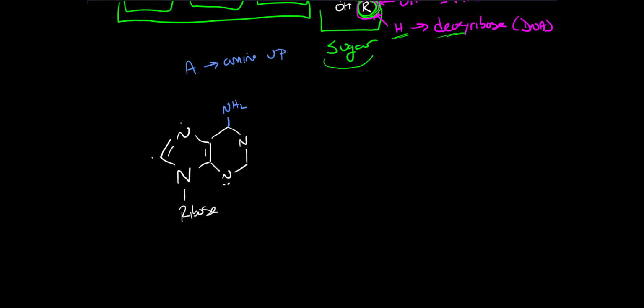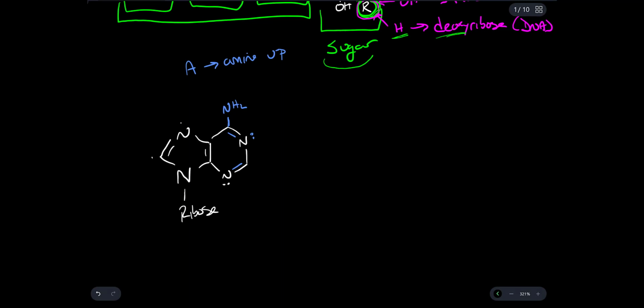That's really helpful because at this point we have everything decorating the ring system that we need. Now what we need to do is to fill in double bonds to make sure that everything has a complete octet. So this nitrogen has a lone pair here, so we need a double bond. This nitrogen has a lone pair, so we need a double bond. Once we've done that, everything has a complete octet, and this is the structure of adenosine.